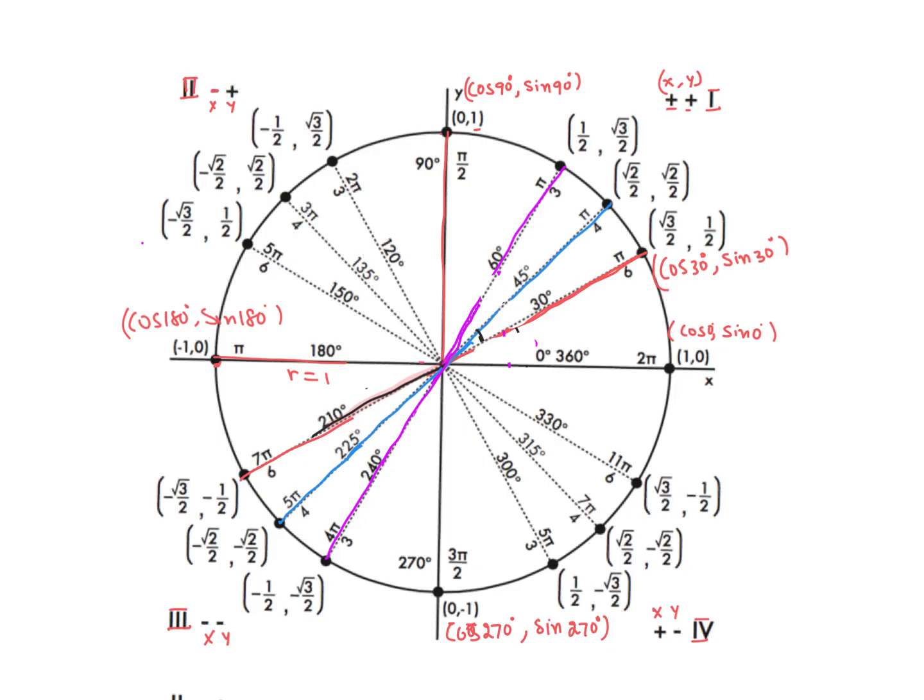For the other quadrants, if you're talking about the second quadrant, just remember the first quadrant. This is 60 degree, and 60 degree is the same as 120. The only thing is that in this one obviously x is negative.